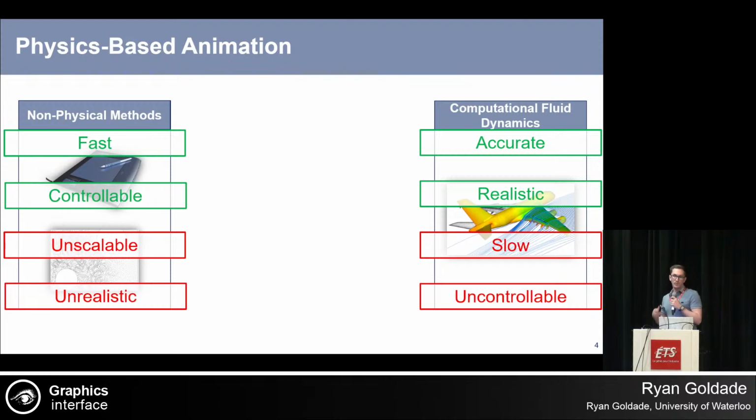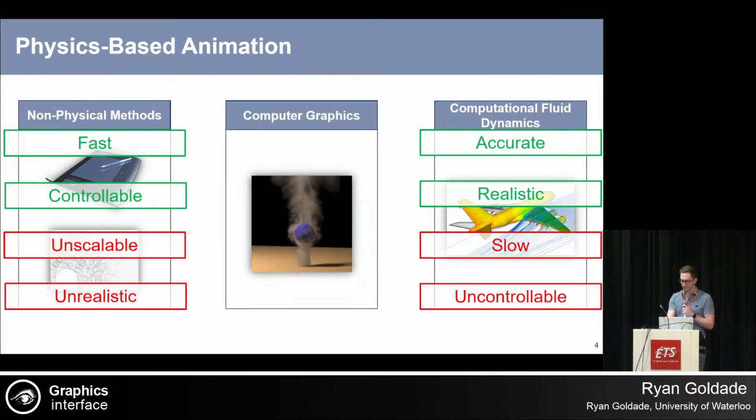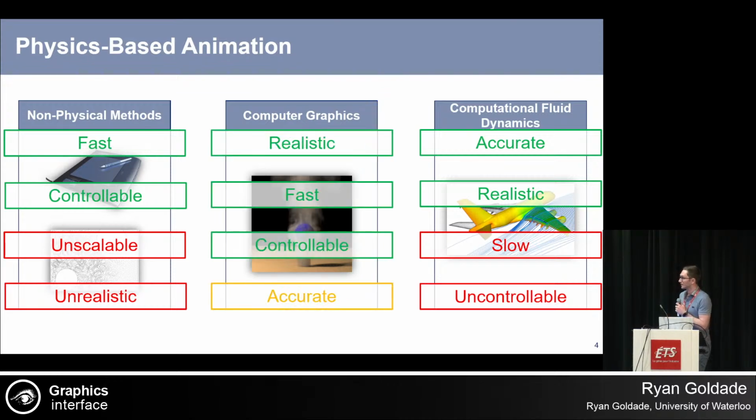Because while we want realism, there's also cinematic effect in movies, which can stretch beyond realism. So this puts us in the middle, in computer graphics, where we're kind of our own focus here. We want realism, but we want it to be fast, we want it to be controllable, we want to iterate on it quickly.